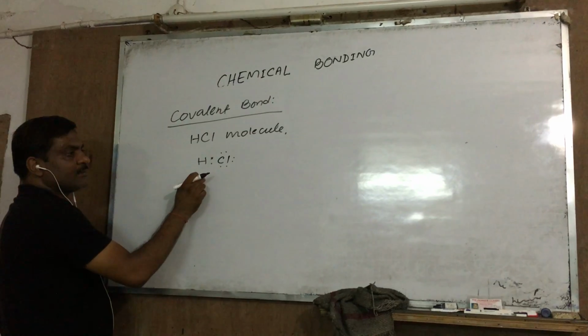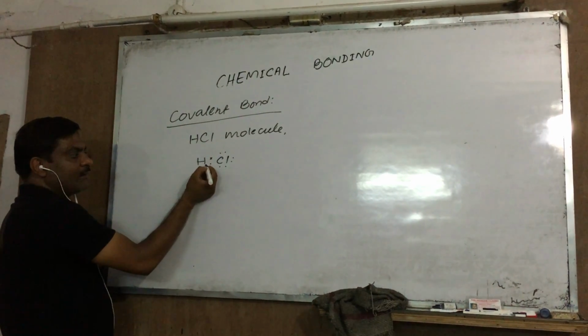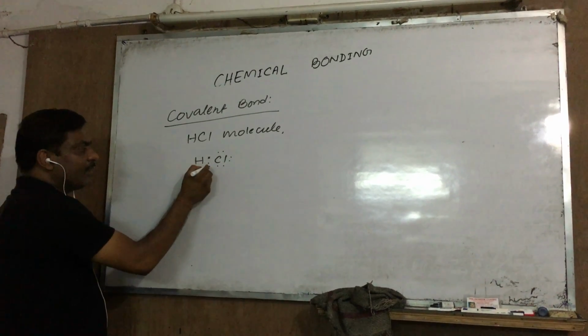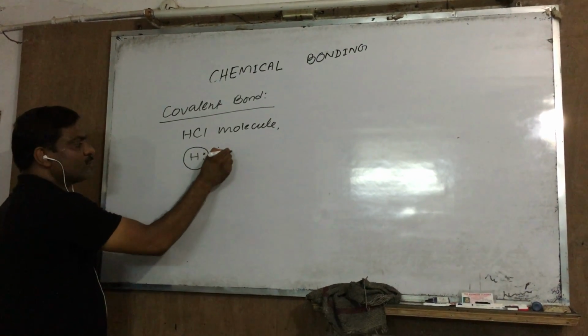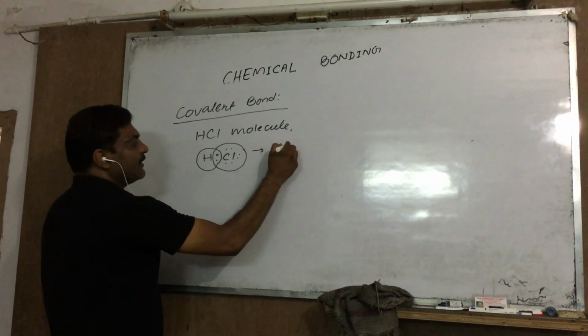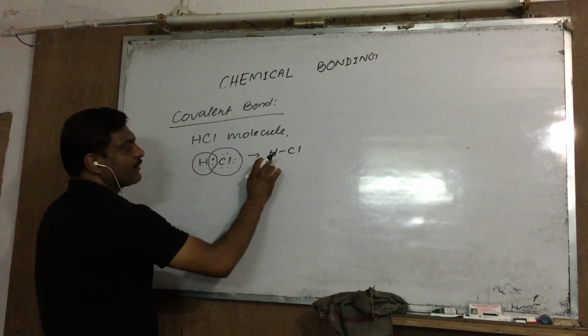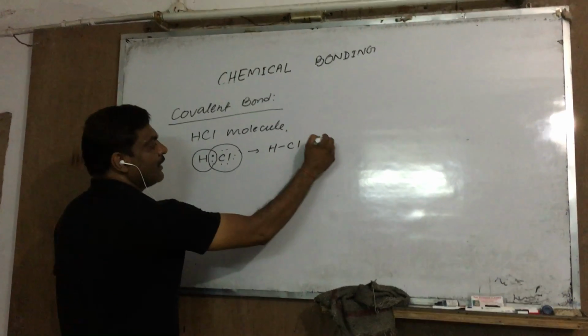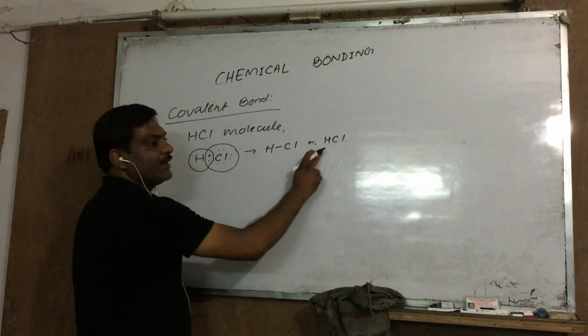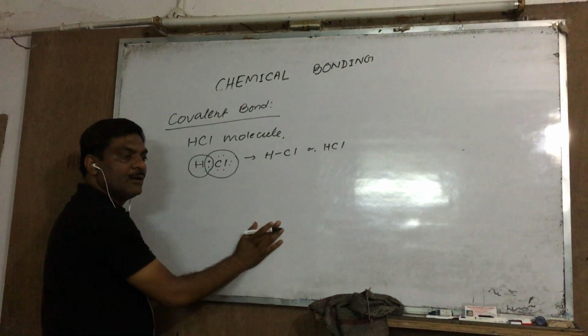So both these atoms will share 1 electron each, and there is the mutual sharing of one pair of electrons between these two combining atoms, and there will be single covalent bond between the hydrogen and chlorine atom to form HCl molecule. Here HCl is the covalent compound. Agreed?